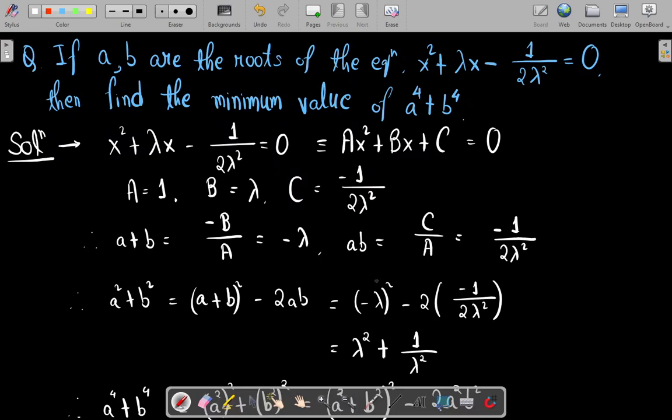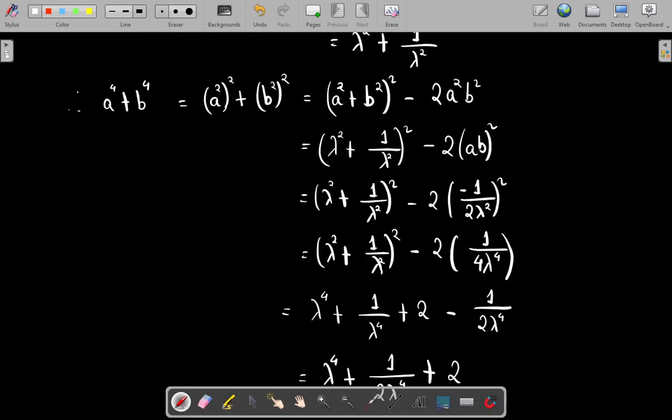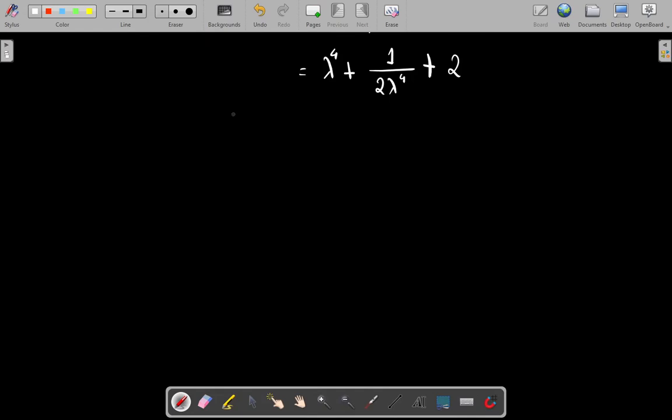Okay, so we have to find the minimum value. So for the minimum value we need to find some inequality, something like that, right? So let us try to use the inequality of arithmetic mean and geometric mean.